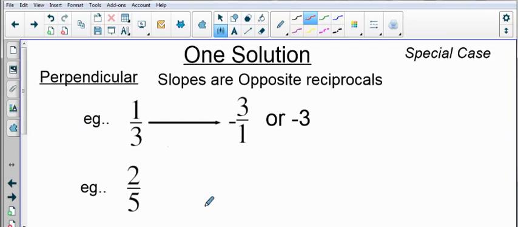So here, you try one. 2/5. Go ahead and show me the perpendicular slope to that. If the slopes are opposite reciprocals, and they are perpendicular, what is the flip opposite of 2/5? Go ahead and pause it. Okay. If you said you flipped it upside down, it became 5/2, and then you change the sign to negative, that's what it would be.